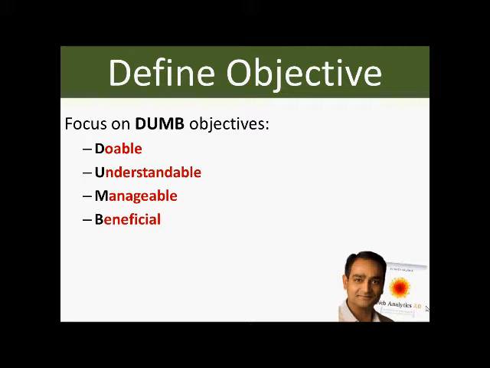Number two, the objective needs to be understandable. We should be able to easily explain what we are trying to accomplish. Number three, it should be manageable and measurable, because if we cannot manage it, if we cannot accomplish it, then it's not an objective. And it should be beneficial. It should help our organization.